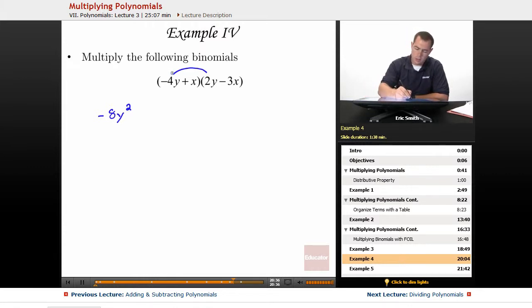Now we'll do our outside terms. So minus 4 times a minus 3 would be a positive 12, and then x times y. Okay, on to the inside terms. X times a 2y, so plus a 2xy. Alright, and of course our last terms.